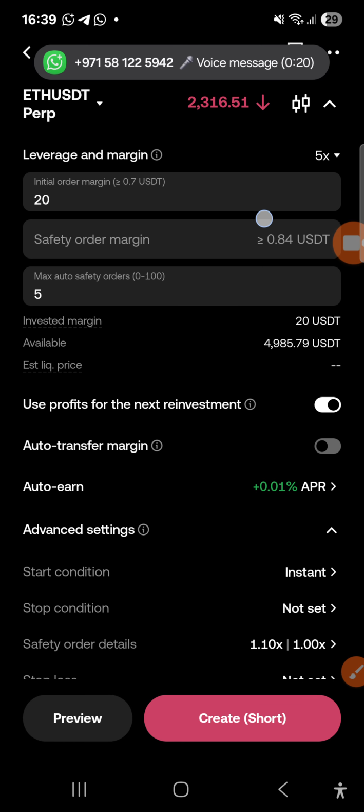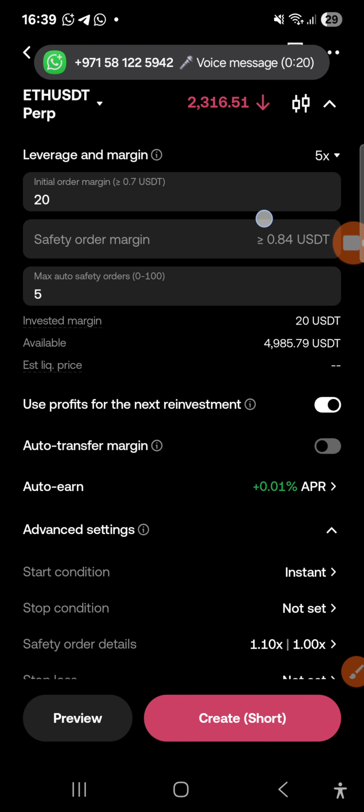I have maybe put in, in order that when the price of Ethereum reaches 2000, it starts. Or when it reaches 2500, it starts. But whichever you want is whichever you do. Now for us, it has been in instant, which means market price.